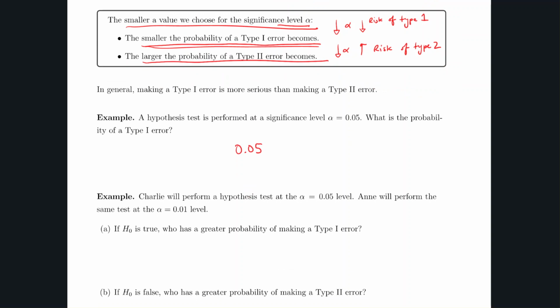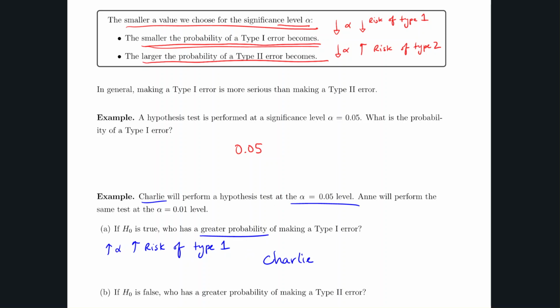So whoever had the smaller alpha level had the smaller risk. Now reversing that, since they cared about greater probability, whoever had the greater alpha level had the higher risk. So greater alpha, greater risk of type 1. That would be Charlie as our answer because he had the higher alpha level.